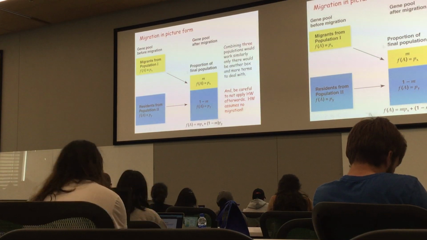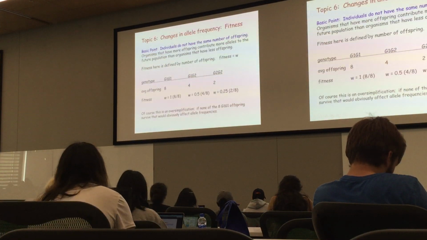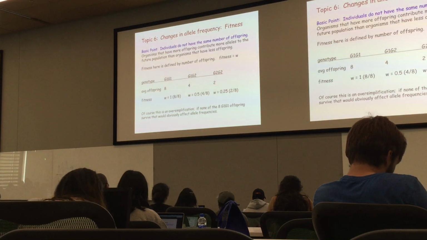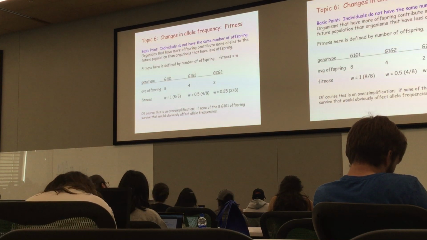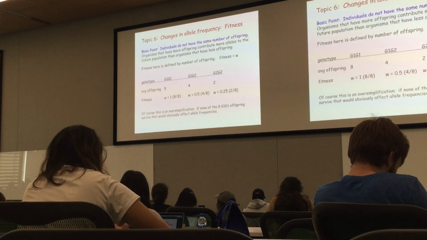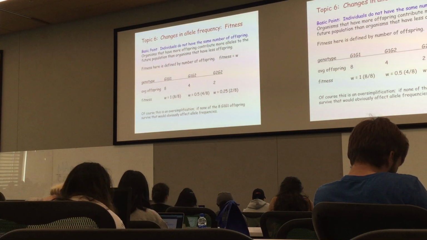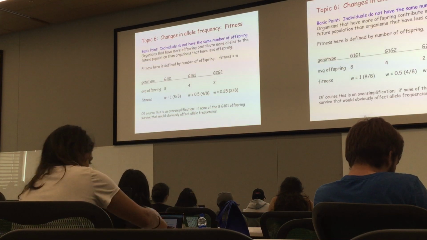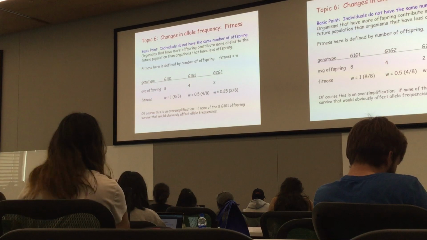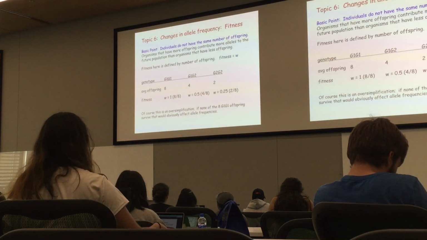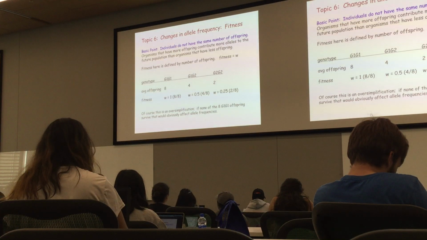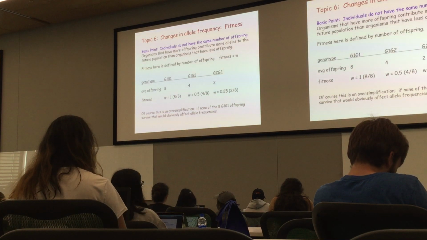So that's that. And then just briefly, again, something about these fitness problems. The basic idea in this slide, to review, is that if you need to calculate the fitness value, one way to do it, if you were given the number of offspring, is to compare the number of offspring from all the different genotypes to those genotypes which had the maximum number of offspring.